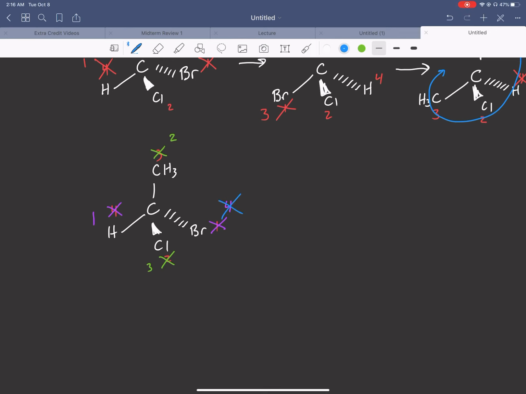Cross out our lowest priority one, and draw your arc. 1, 2, 3. Clockwise, which equals R. And there we have it. That is our third scenario for determining R and S configuration.